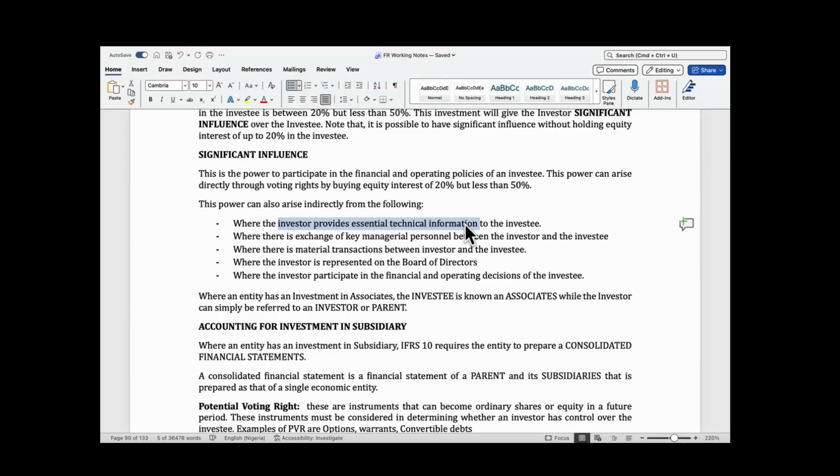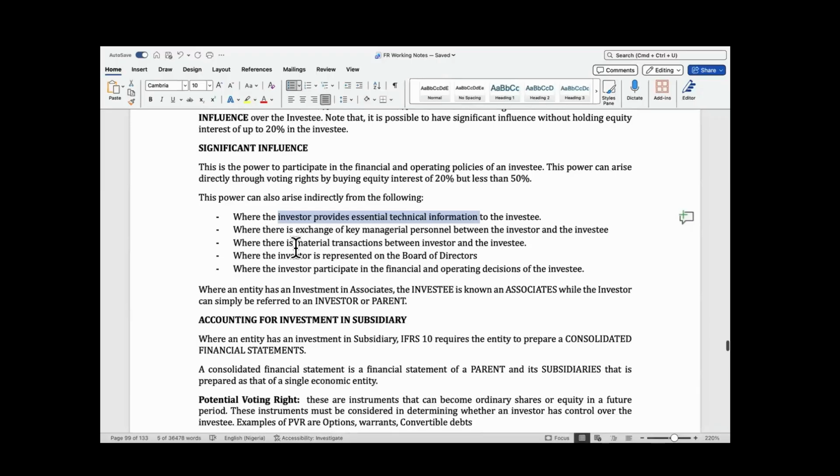Number two, where there is exchange of key managerial personnel between the investor and the investee. Also, when there are material transactions between the investor and the investee, it signifies significant influence.